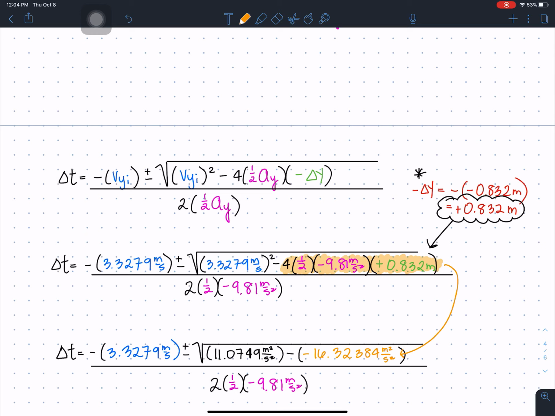The 3.3279 meters per second, our Vy initial, becomes the 11.0749 meters squared per second squared. Now notice how this negative sign, which I'm about to circle in red, is still present. I haven't yet included it in my calculation.